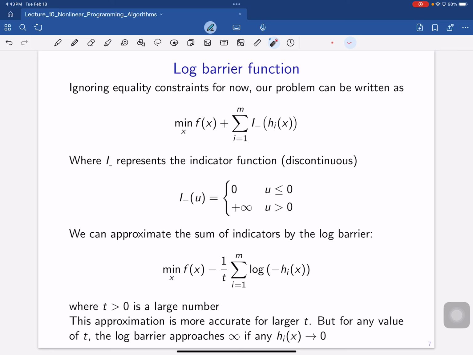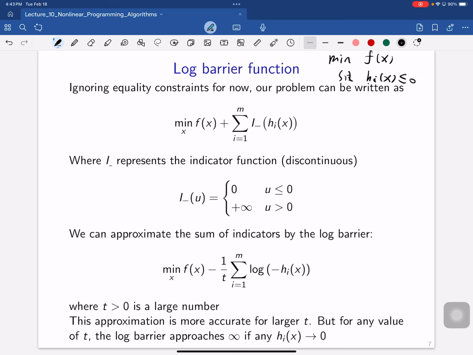Now, the first algorithm is called the barrier algorithm. The idea is to use a function called a log barrier function to approximate these constraints. Let's gradually develop this method. First, the problem we are considering is minimizing f(x) subject to h_i(x) less than or equal to 0.